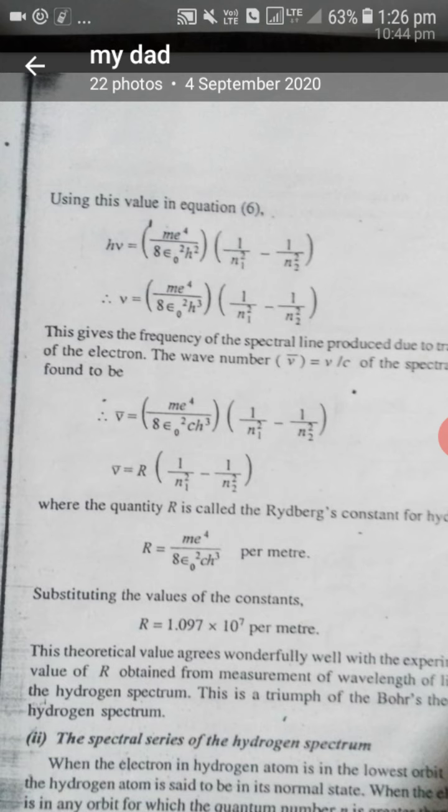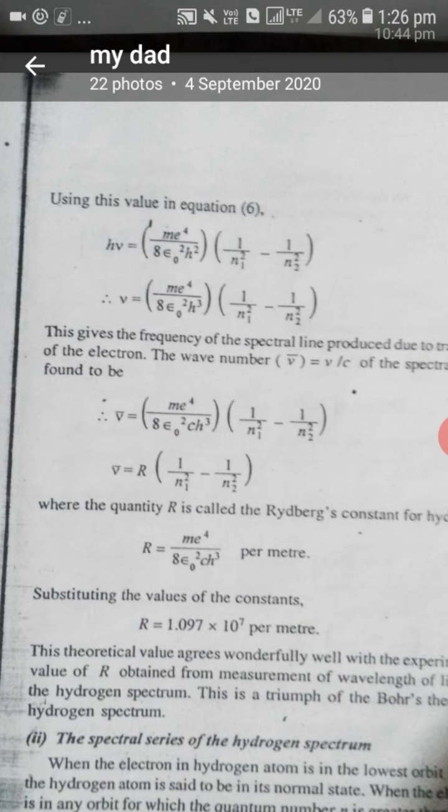From this you find nu: you cross multiply h, then here it will become h cube. This gives the frequency nu of the spectral line produced during the transition of the electron. Then from this you find the wave number: nu bar is equal to nu by c. Substituting, nu bar is equal to m e power 4 by 8 epsilon naught square c h cube into 1 by n1 square minus 1 by n2 square.